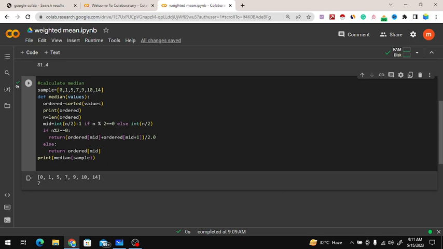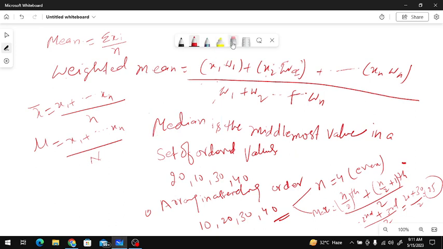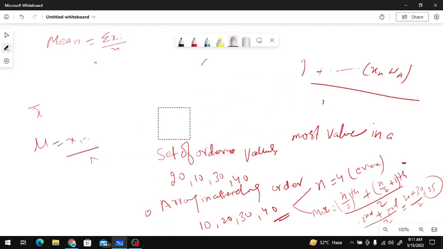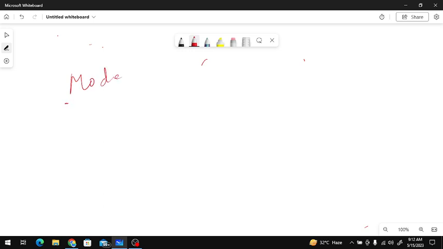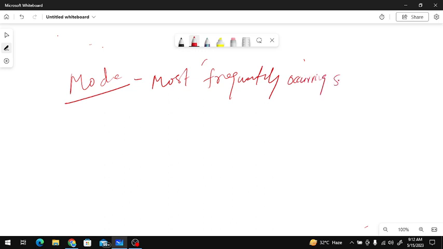Mode means the most frequently occurring set of values.